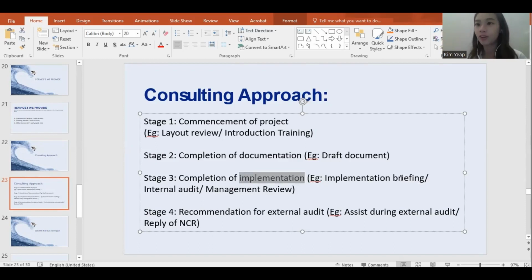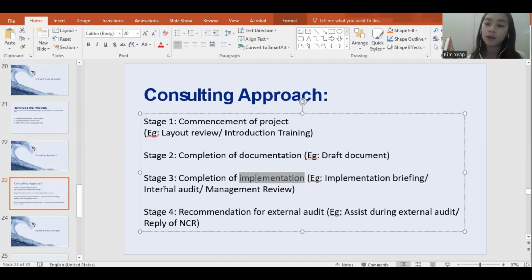How do we prove to the auditors that we are really complying? It's by filling out the forms. The SOP says you need to do this thing; after you do it, you fill out the forms. That acts as a documented record saying, yes, I really do it. So this is where our consultant needs to be there to brief them about the implementation.